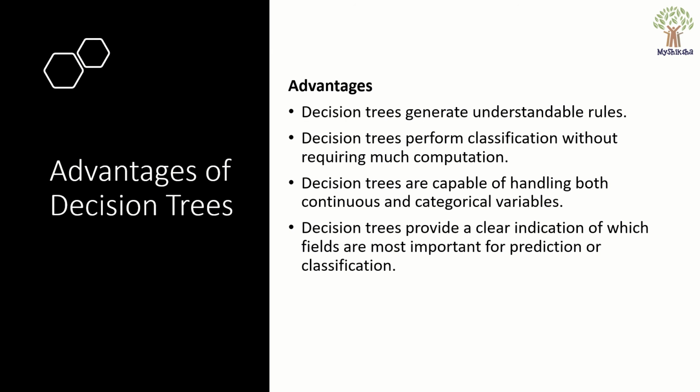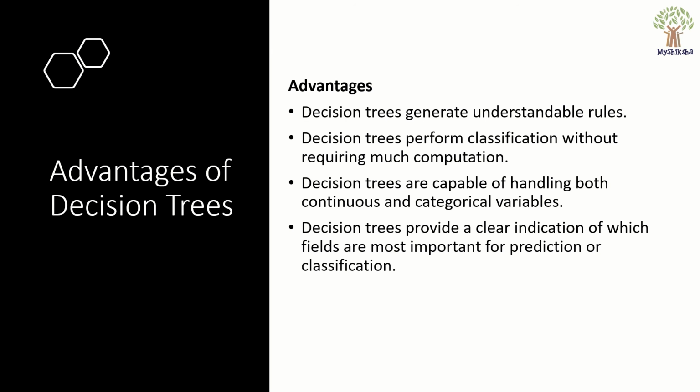Decision trees perform classification without requiring much computation. And decision trees are capable of handling both continuous and categorical variables. When you start solving a lot of problems, you'll realize that you can assign cost and come up with a number, which is a continuous variable, with the help of a decision tree.